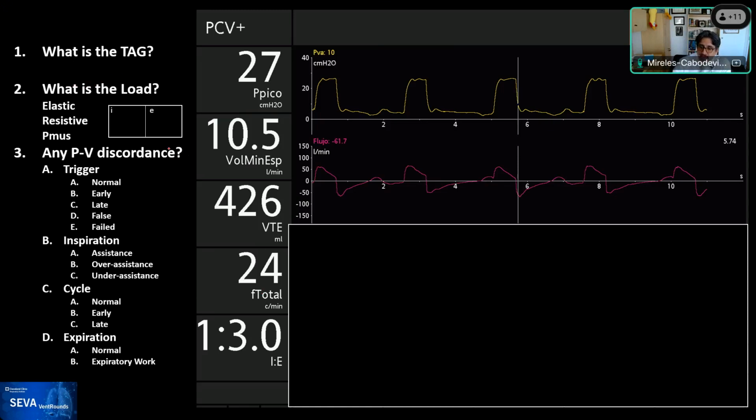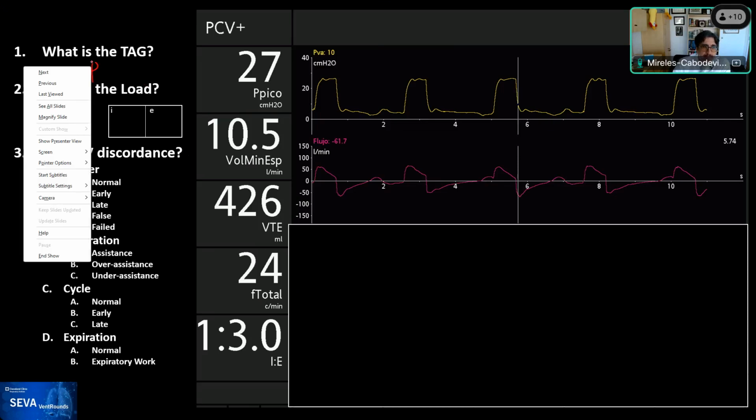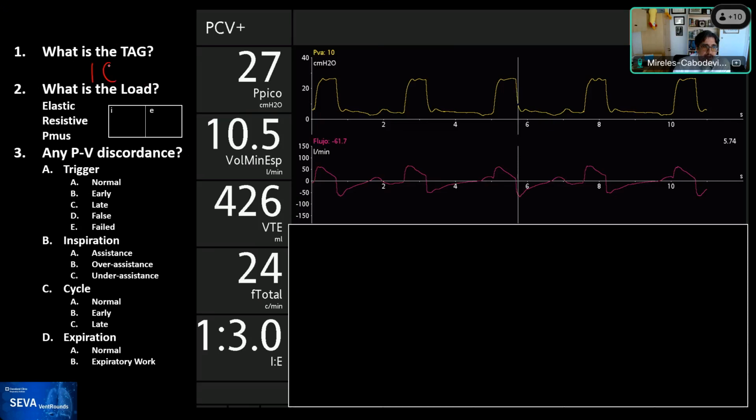And rapidly, I see our teams populating this as pressure control, CMVS. And what does that mean? So remember, the commercial name sounds great, but the tag tells you what the mode is actually doing.